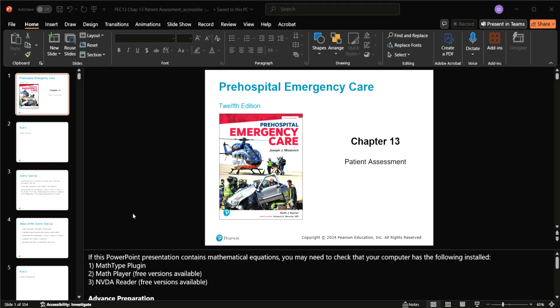Here are some medical terms you need to know: bradypnea, tachypnea. The apnea part, what does that mean? Breathing. Brady is slow, tachy is high or fast.